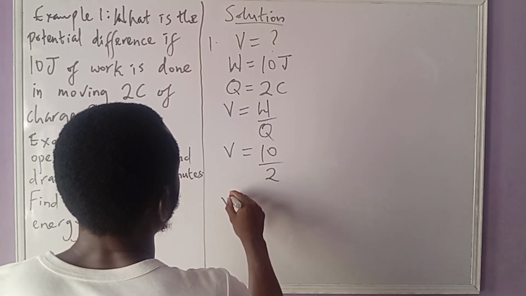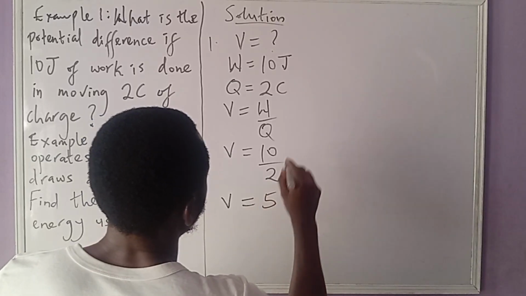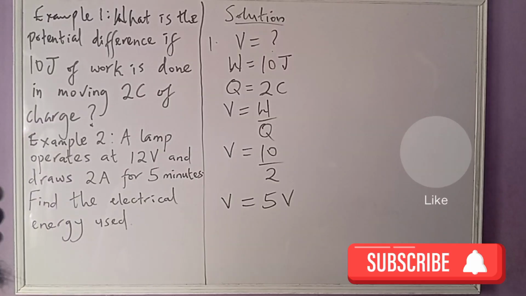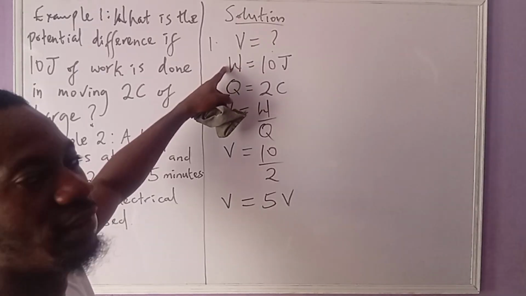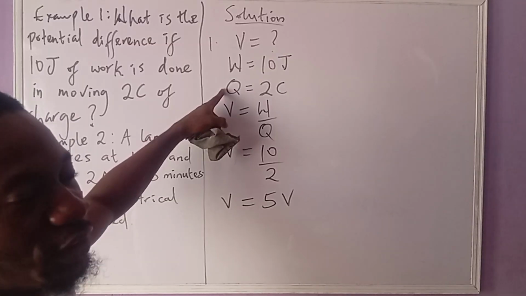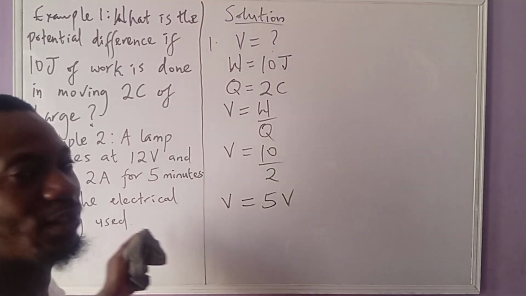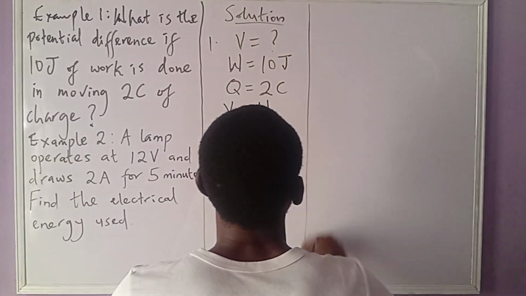Therefore your potential difference is equal to 5 volts. Now, V is potential difference, W is the work done, Q is the quantity of charge, and we are done. It's just that simple.